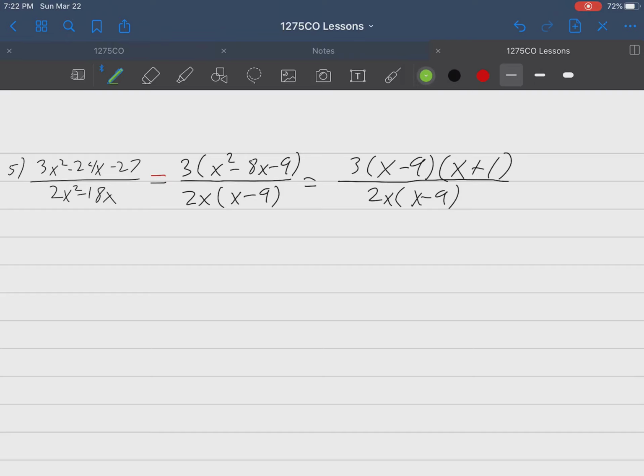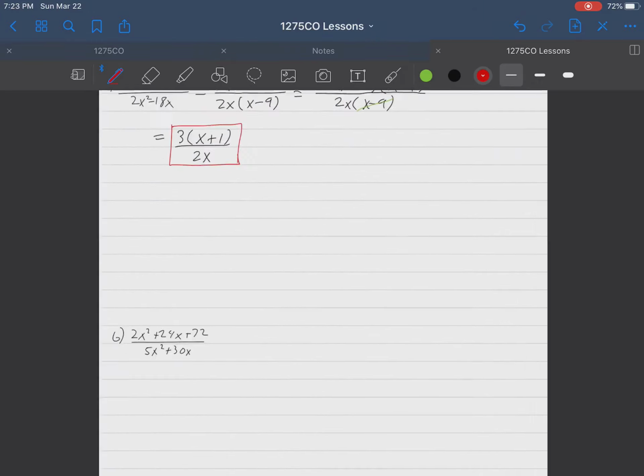So, what changed now? 3 over 2x still doesn't reduce, but x minus 9 and x minus 9 do cancel. So that can cancel out. And our final answer is going to be 3 times x plus 1 divided by 2x. And this is what we're going to box in.